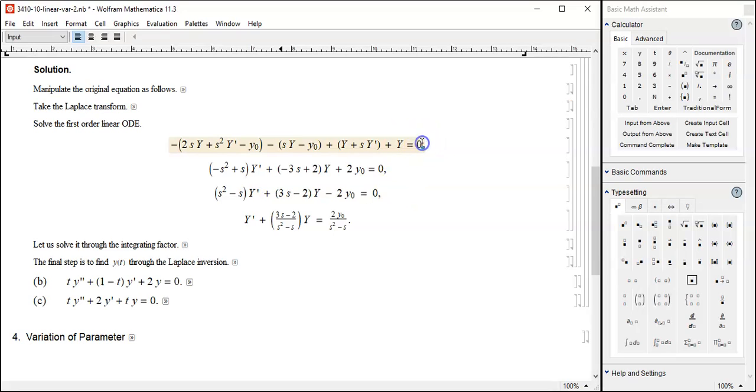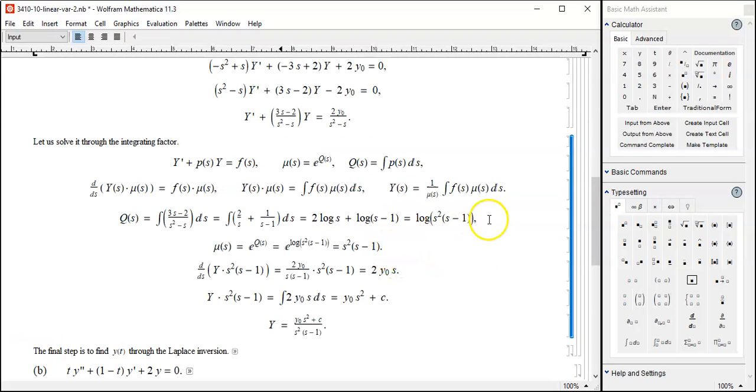The original equation. Simplify, take the like terms together, and then here's the standard form: Y prime plus P y equals F form, all right? And then let's find the integrating factor. Capital Q is the integration or antiderivative of P of s, but this one you can decompose by partial fraction. It can take some effort if you use paper and pencil, but if you use a computer algebra system, no big deal.